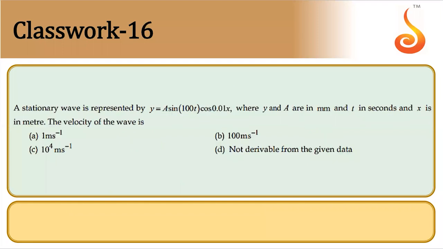A stationary wave is represented by y equals a sine 100t cos 0.01x, where y and a are in millimeter, t is in second, and x is in meter. Velocity of wave is?